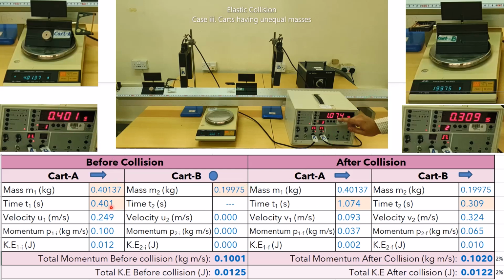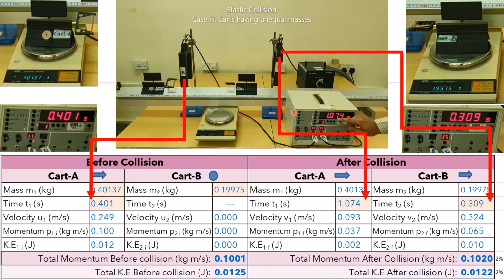Now in this case 3 also we have 3 times of obscuration: 1 before the collision, 2 after the collision. Before the collision is from photo gate A, after the collision from photo gate B. These are the readings, very clear.